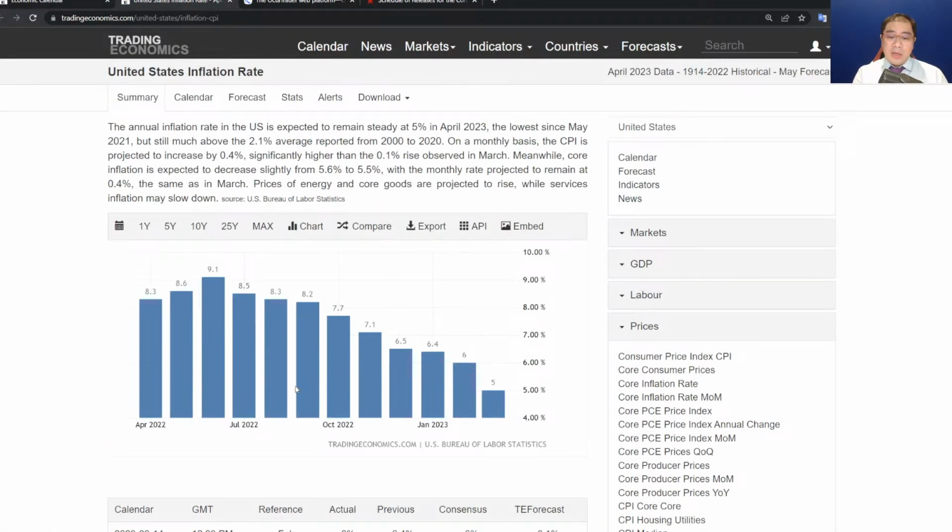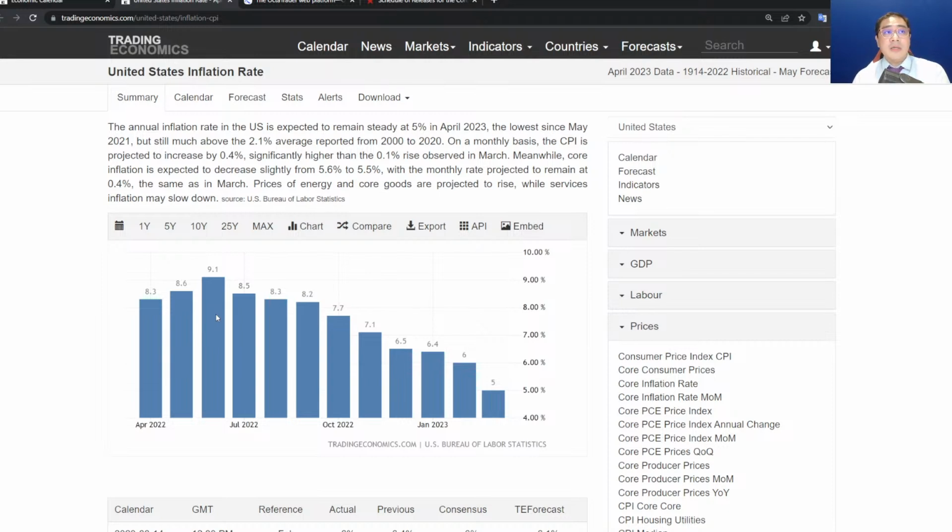So we've been looking at an inflation that's been dropping down basically since June 2022, right? So we have been slowing down. The inflation has been coming off, and if you take note of how much interest rate hikes the FOMC has done, it's exactly 5%, right?